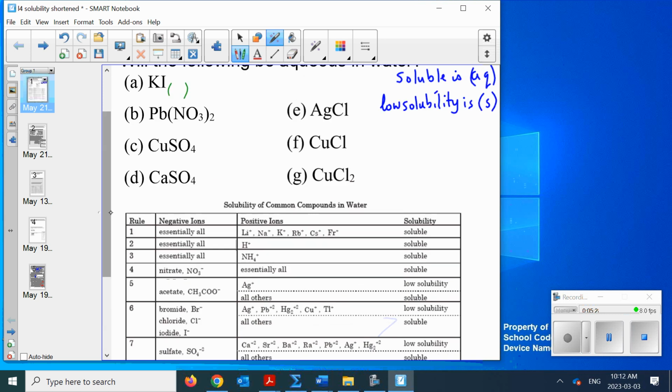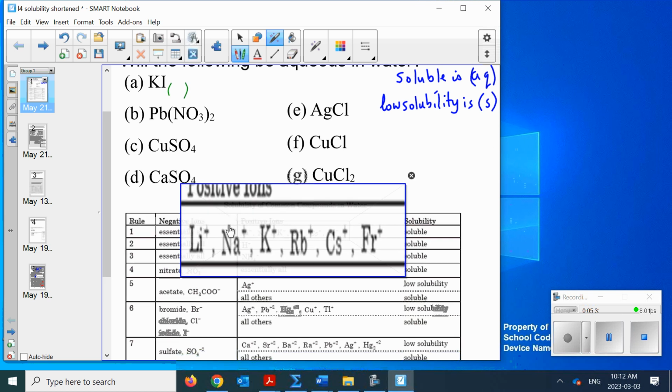And you'll notice, where are lithium through francium on the periodic table? Like where are they located? The first column, right? Family 1, group 1. Okay. So really what that first rule is, anything from group 1, hydrogen's not included on the list.